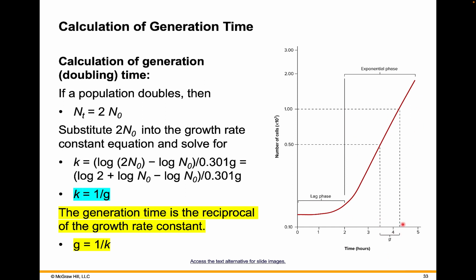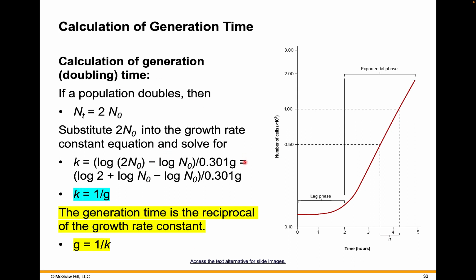And right here, you can see the number of cells, 0.5 into 10 to the power 7, here 1 into 10 to the power 7, and this is the doubling, and this is one generation, this is another generation. The time in between is essentially 1 over K, or the growth rate constant.